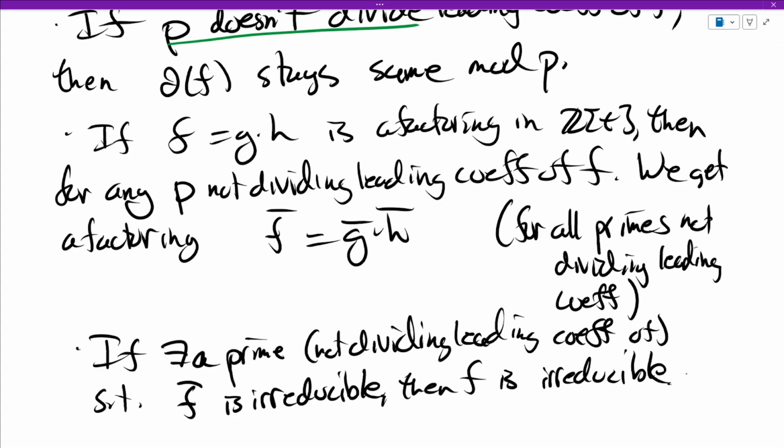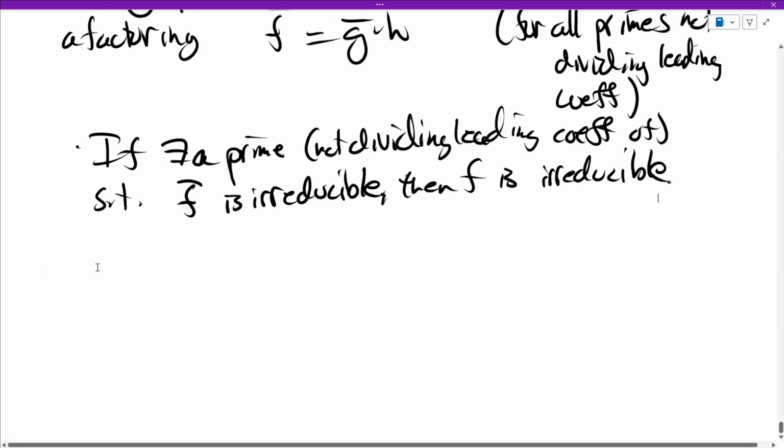All I've done is negate the previous statement. If f is reducible, then the reduction modulo P should also be reducible. If we take the contrapositive, we get this statement. All right, this is great.